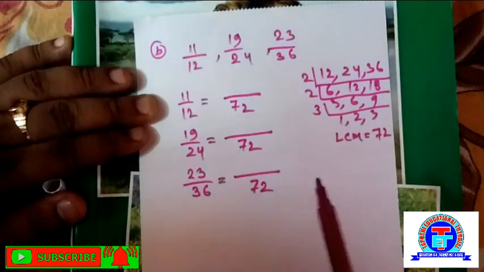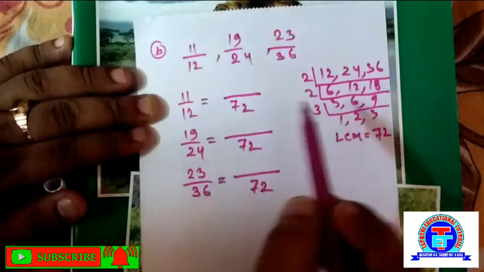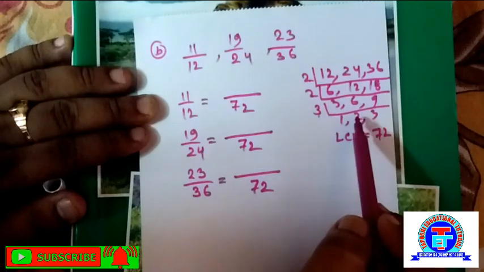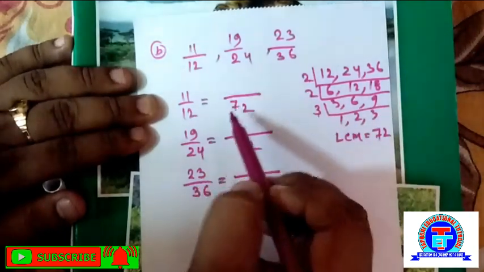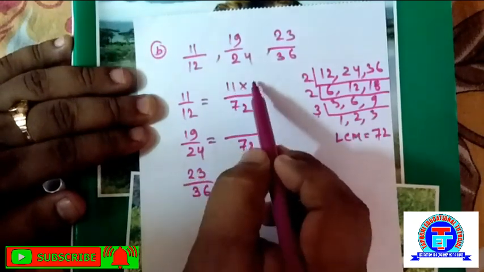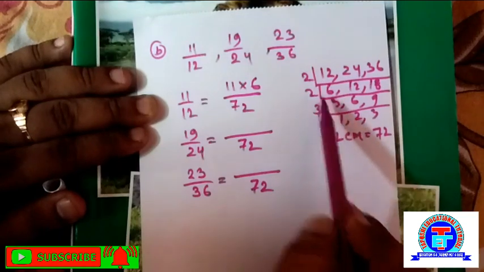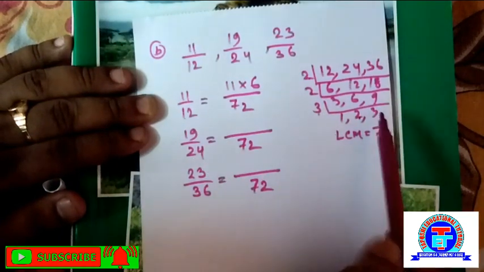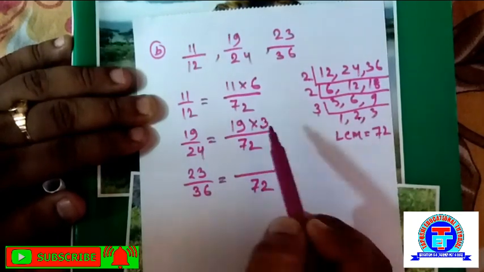And 72. Now this one, 72, how? 4 and 3, 12 into 6, 72. So we write here 11 into 6. Now this one 12, and this one 24, 24 3s are 72, so we write here 19 into 3.